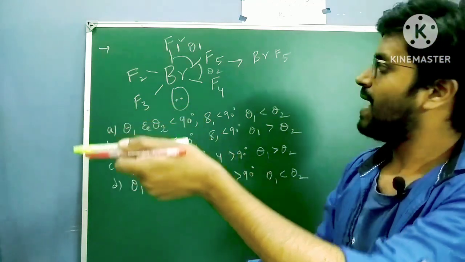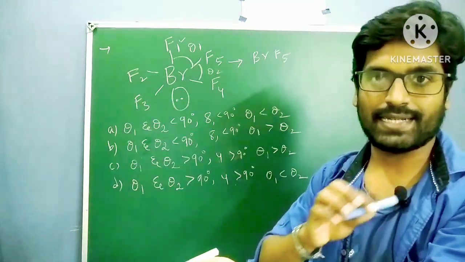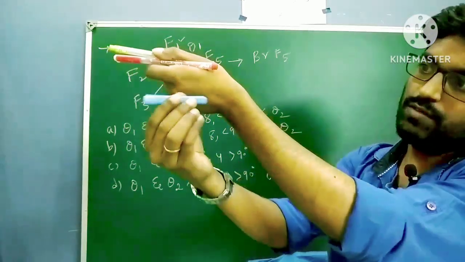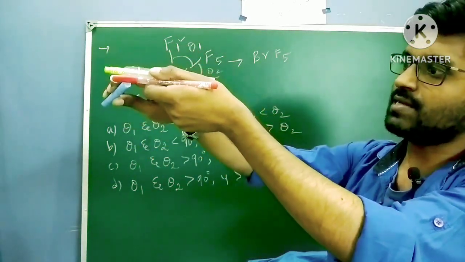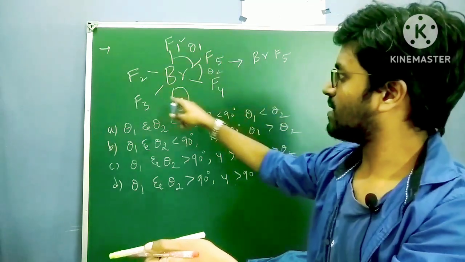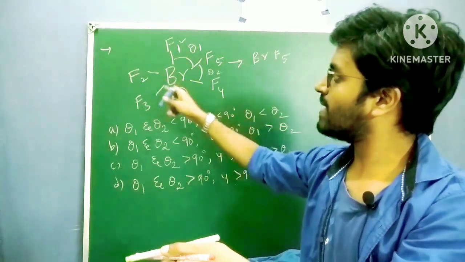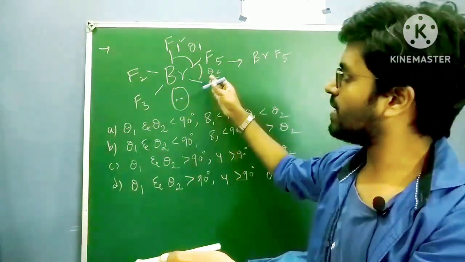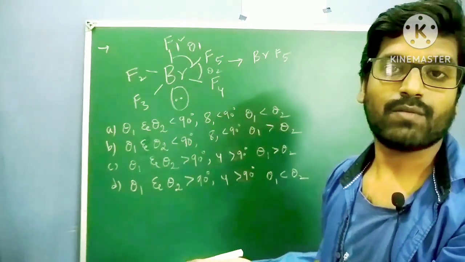Actually the adjacent bond angles should be 90, but because of lone pair and bond pair repulsion, these bond angles are not exactly 90 degrees. All bond angles are in fact less than 90. What is the reason?